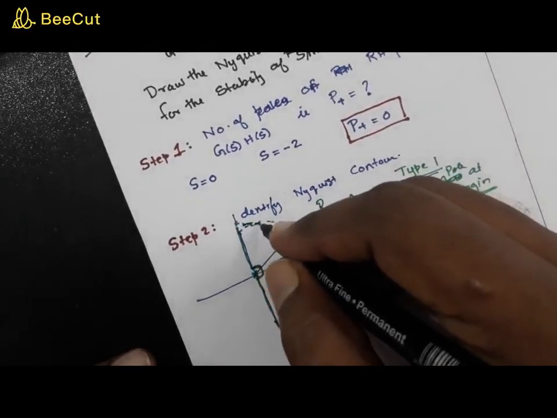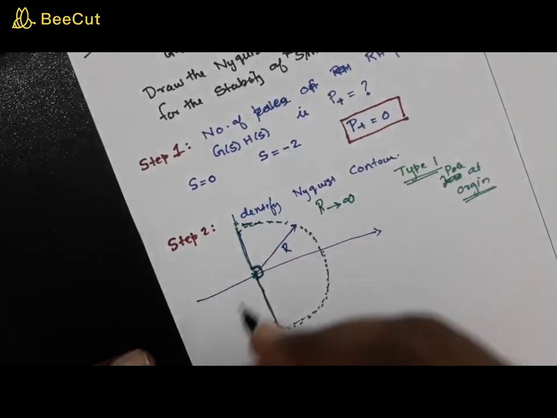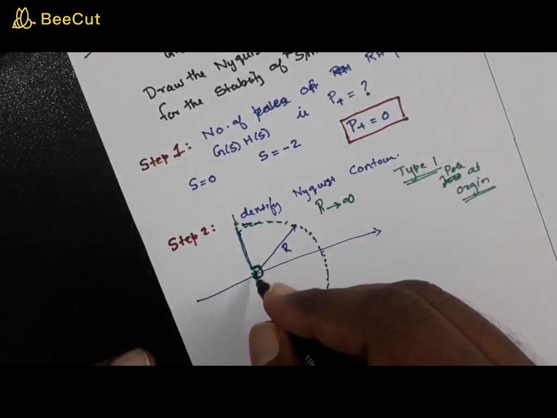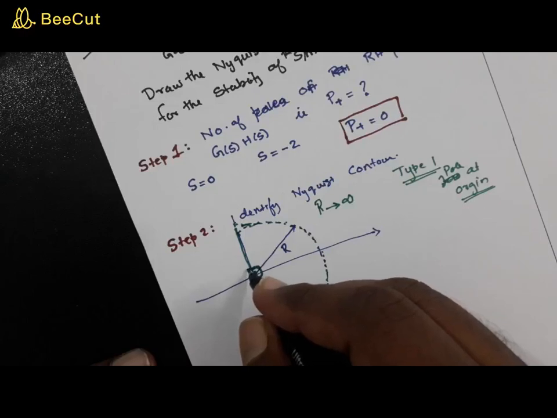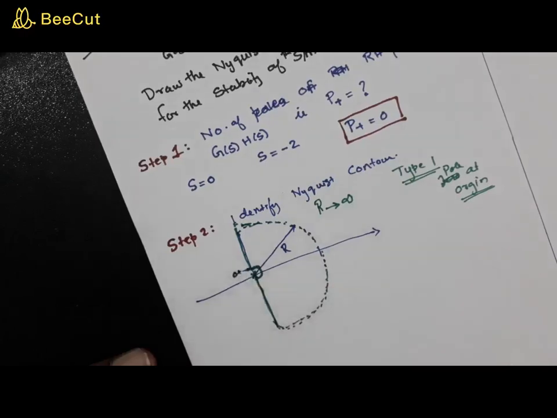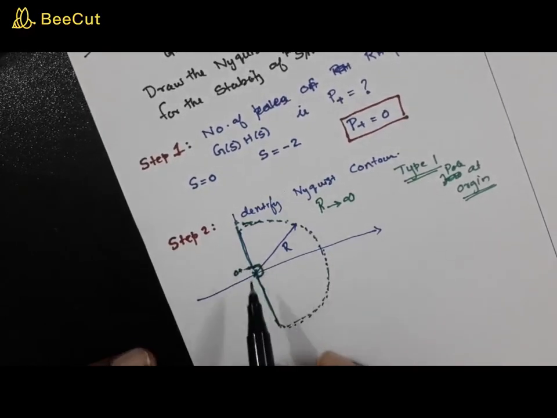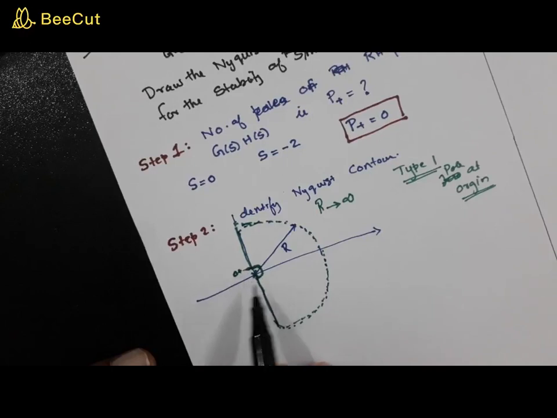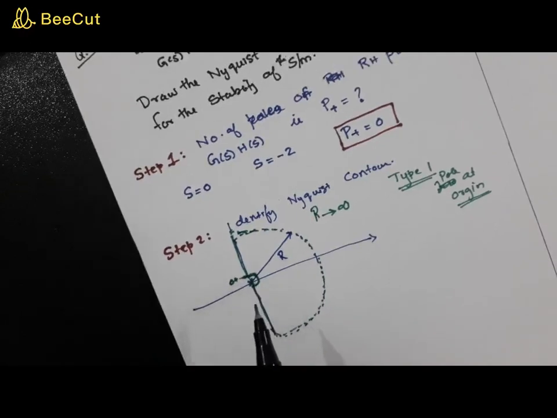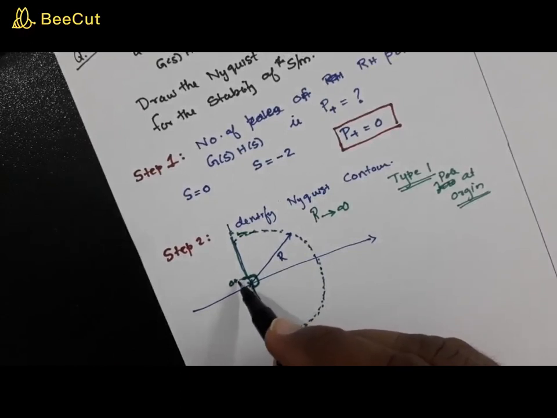Moving on to the contour, let us see the direction of this contour. The s actually starts from here, but at s equal to 0 you need to exclude that point. So I am marking this point as 0 plus. It is a point just above 0. I'm just excluding that point. You cannot show an infinitely small point in a figure, so I'm considering this point as 0 plus.